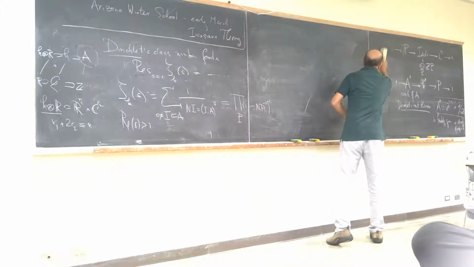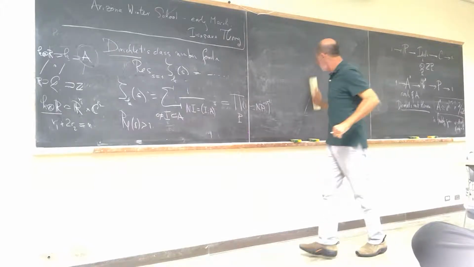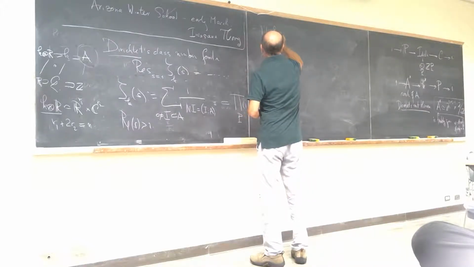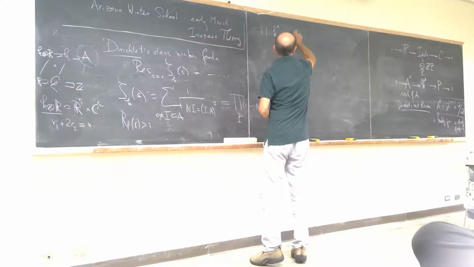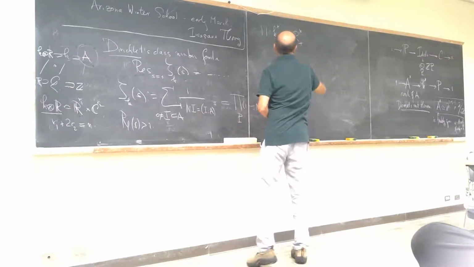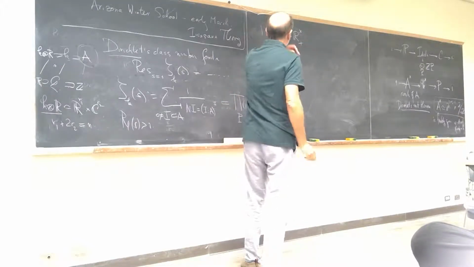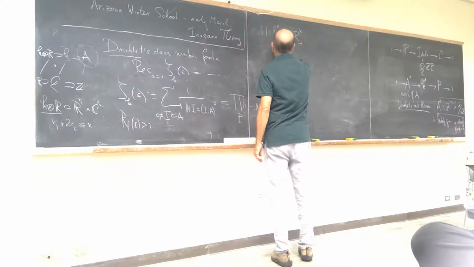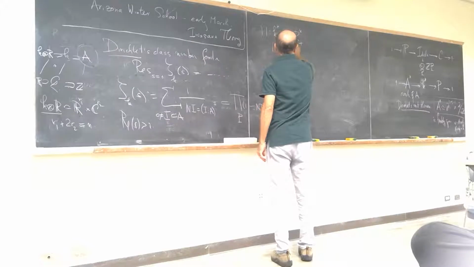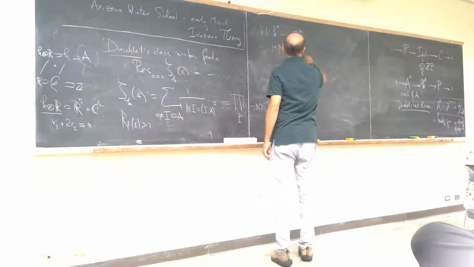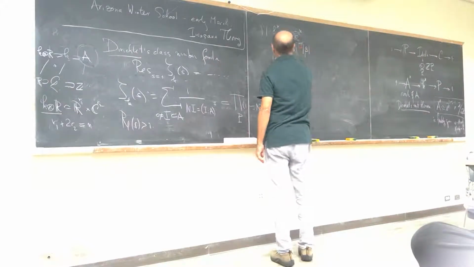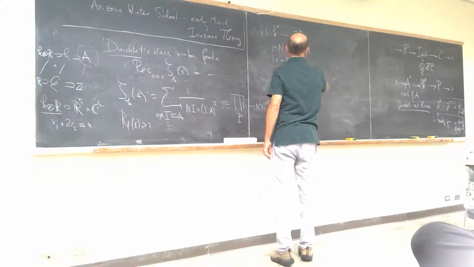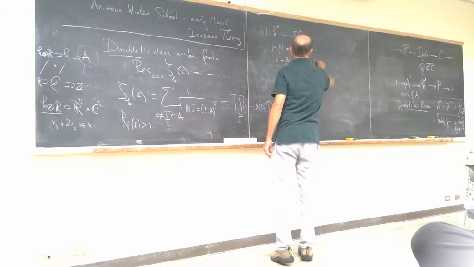Okay, so a valuation of a field is just a homomorphism from the multiplicative group of the field to the positive real numbers. So it assigns to every non-zero element in the field a positive number, and it's a homomorphism, so the valuation of a product should be the valuation of alpha times the valuation of beta, and it should satisfy the triangle rule that this is less than or equal to the absolute value of alpha plus the absolute value of beta.